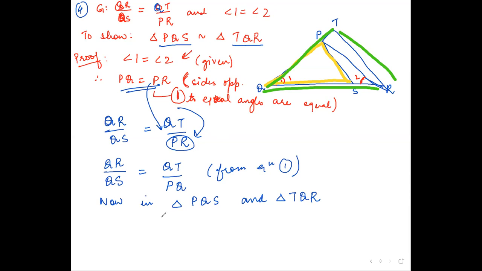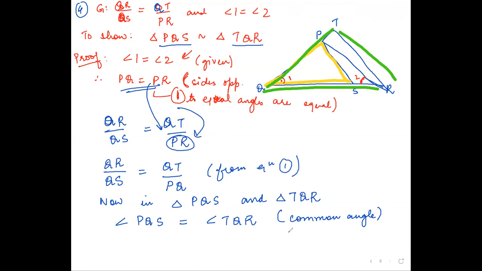Yes, Rida? If you look at the yellow and green triangles, angle 1 is part of both. So I can write angle PQS is equal to angle TQR. I can write common angle.